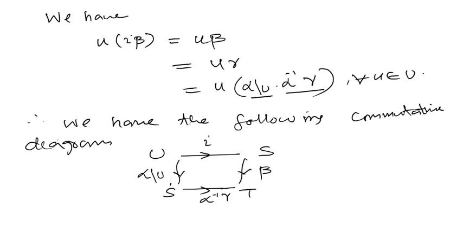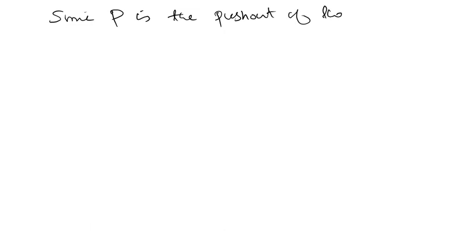बट सिंस P is a push out of the same diagram, so there is delta. Since P is the push out of the same diagram, the same means the above diagram.